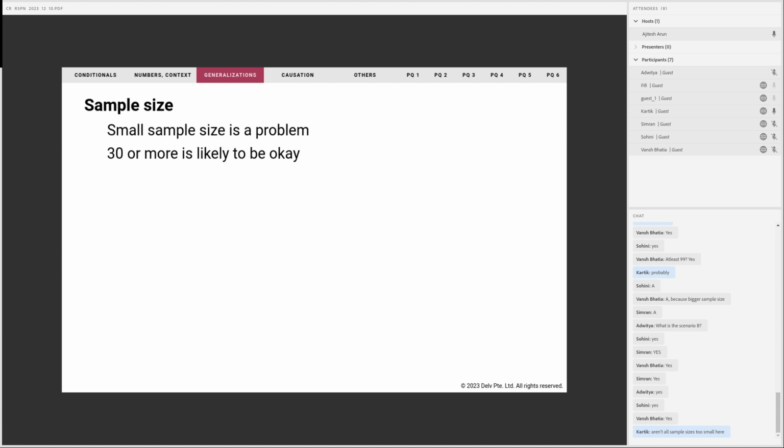But for the types of situations that you see on the GMAT, let's say that your GMAT question is something like this. In a newspaper survey, they found that people are more likely to support some policy of the government, and you are asked to weaken that. And one of your options says the sample size for the newspaper survey was 100.